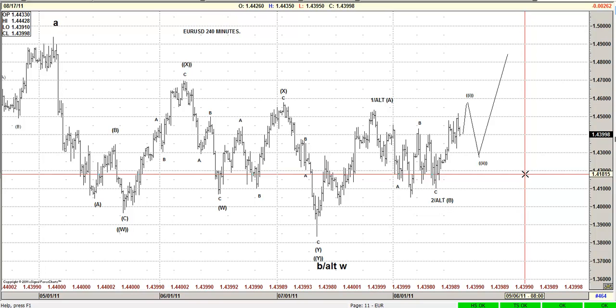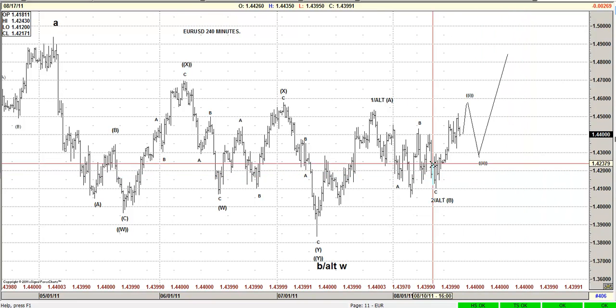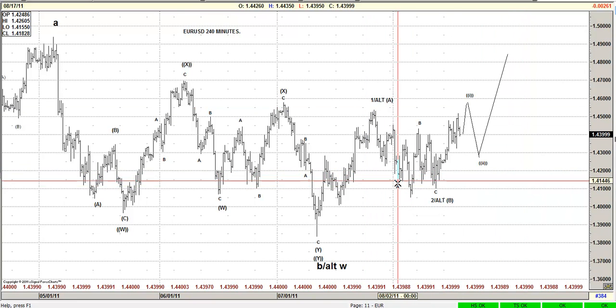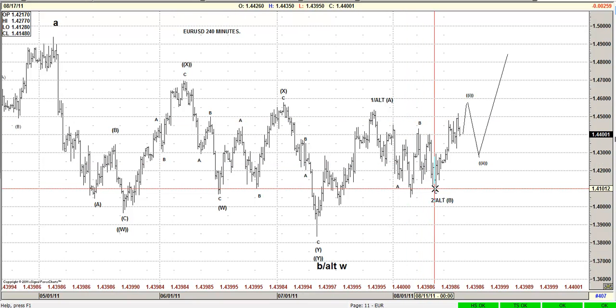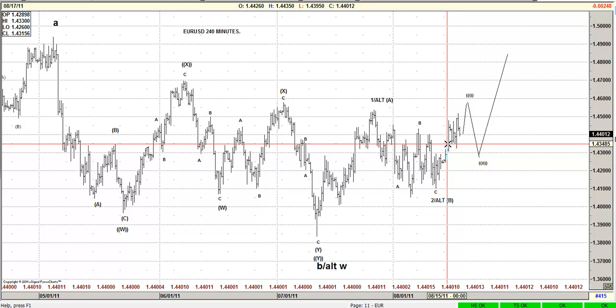And maybe what we got is a three-way, a B flat, and a three-way. We were right on the flat, we were wrong on the triangle, but that's how it is. Not everything is right always.